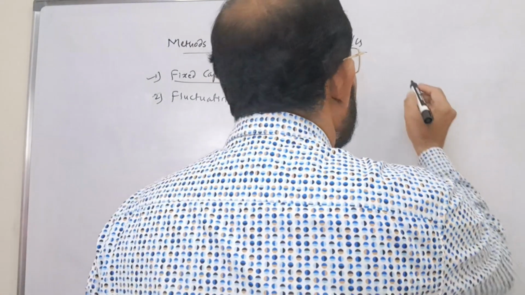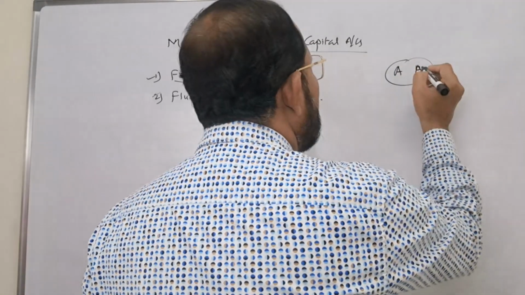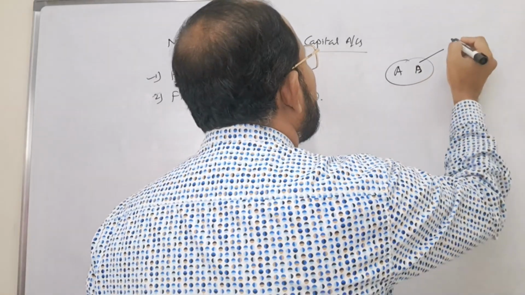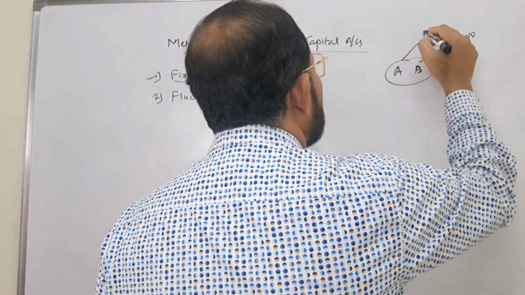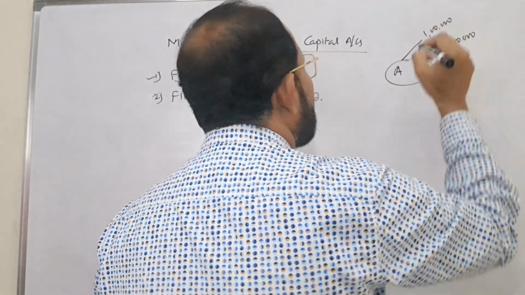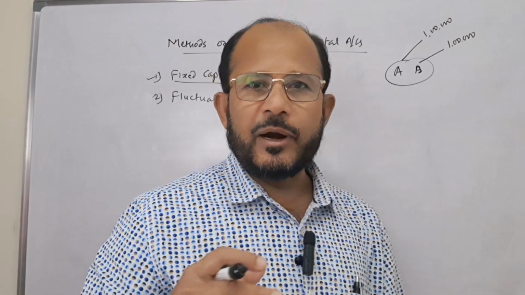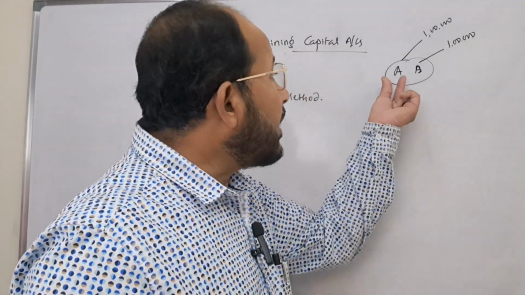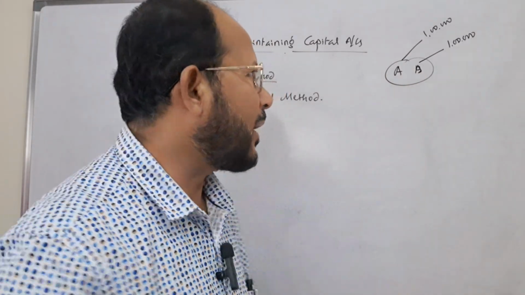Then why is this capital account called the fixed capital method? Just you see, A and B are two partners. They agreed to invest rupees 1 lakh each. Here, A and B are called partners, and the capital accounts are opened in the names of both the partners.